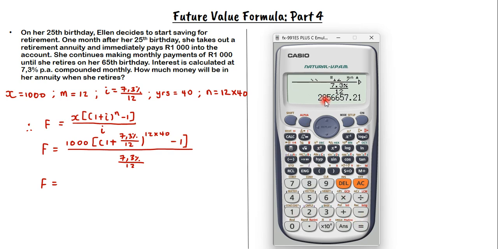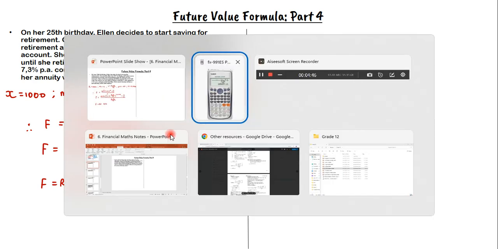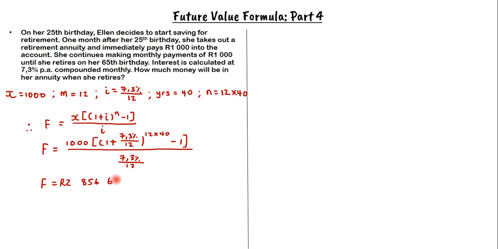So Ellen will have 2,856,657 rand and 21 cents, and that is how we calculate our future value.